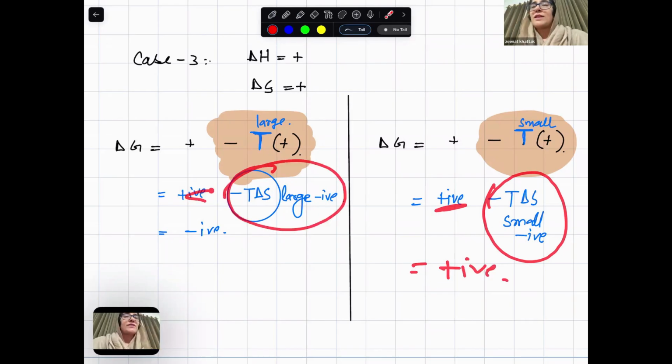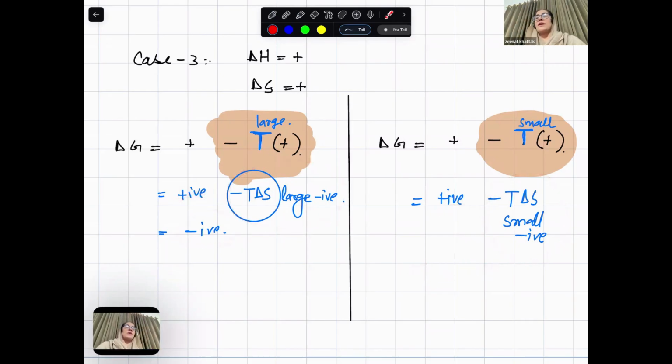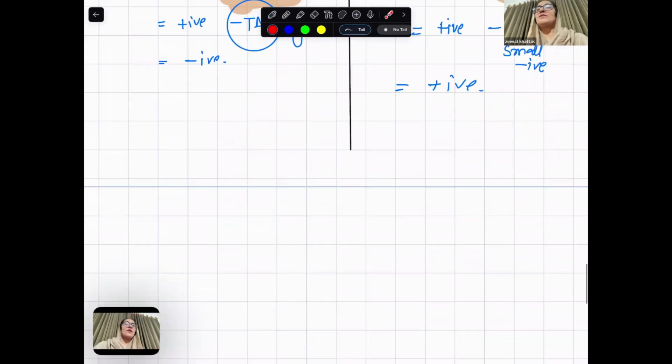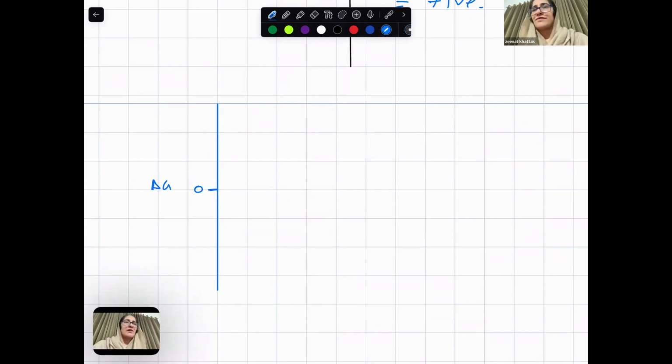Large negative then positive, the overall is negative. So what is the meaning of this? At low temperature, not feasible. At high temperature, feasible.